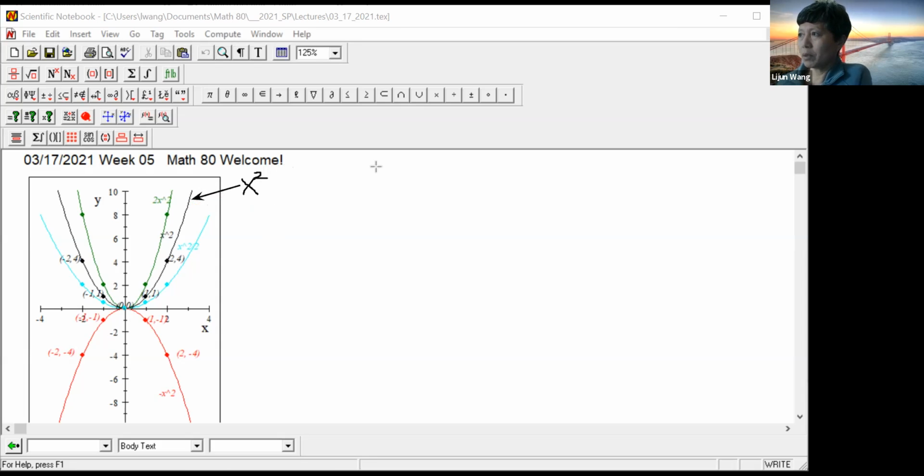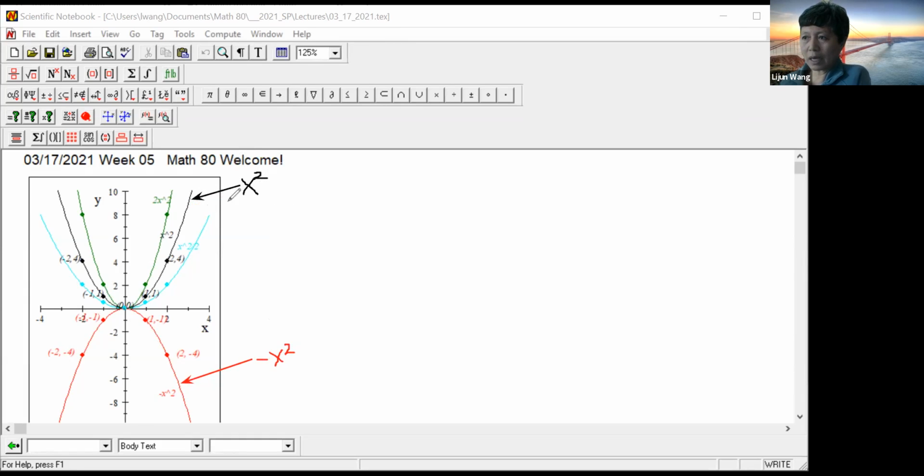How about this red one? What is this? It's a negative x squared.